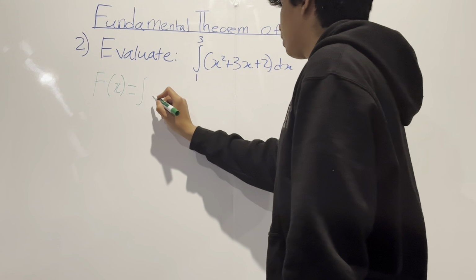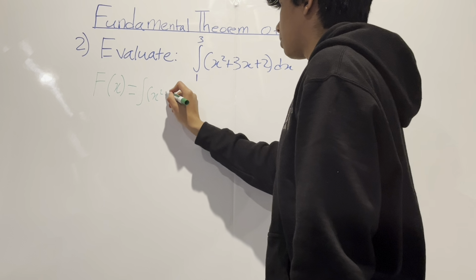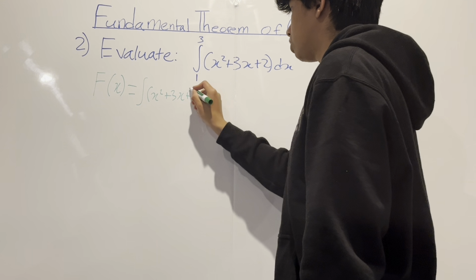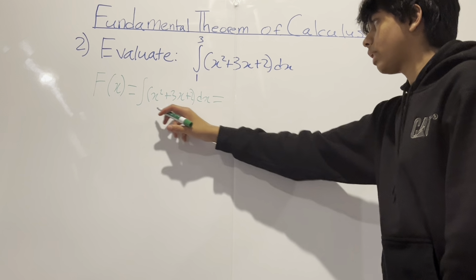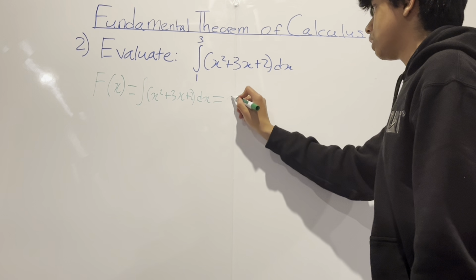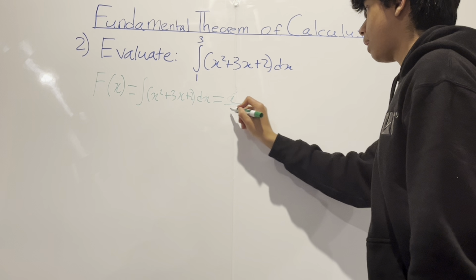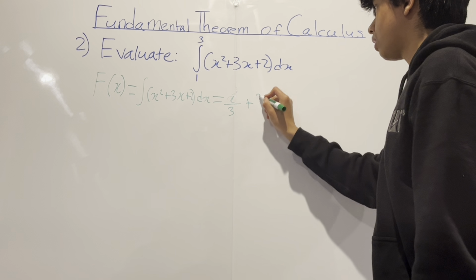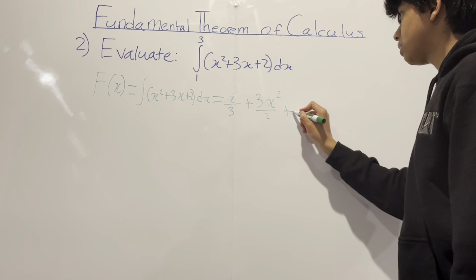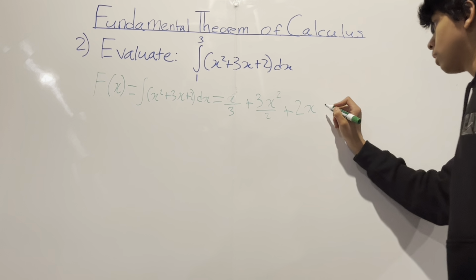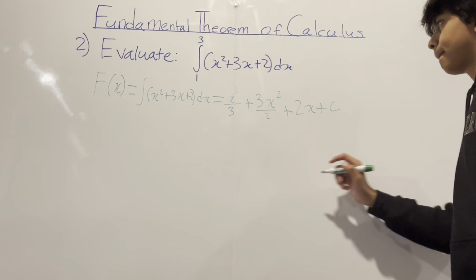So the antiderivative of x squared plus 3x plus 2 dx, and now we can use the power rule for every single term. So this is going to be x to the 3 divided by 3 plus 3x squared divided by 2 plus 2x plus c, but we're just going to ignore it.